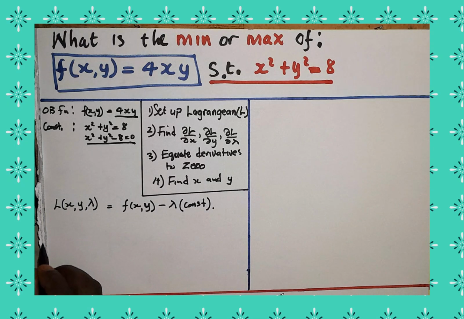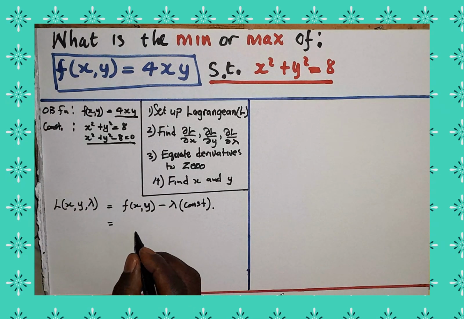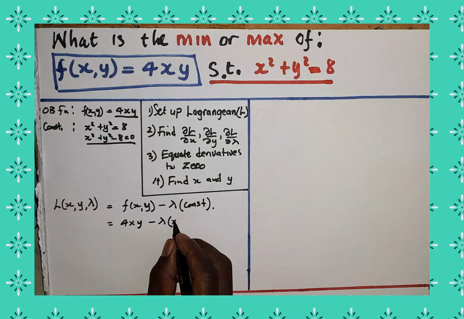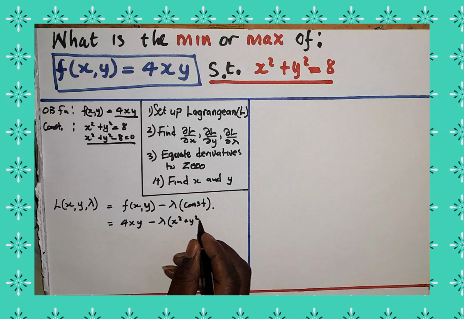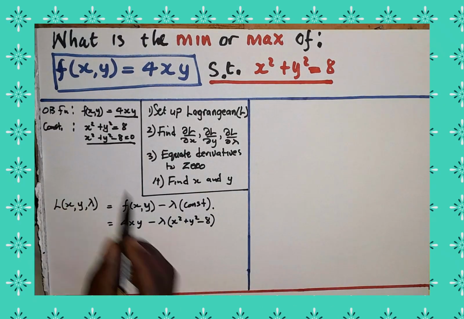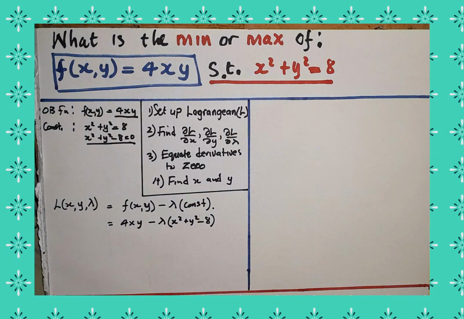So in our case, our Lagrangian is 4xy minus lambda multiplying our constraint, which is x squared plus y squared minus 8. We must always write our constraint in this form. We take everything to one side and the right-hand side is left as 0. So this whole setup here is what is called the Lagrangian.